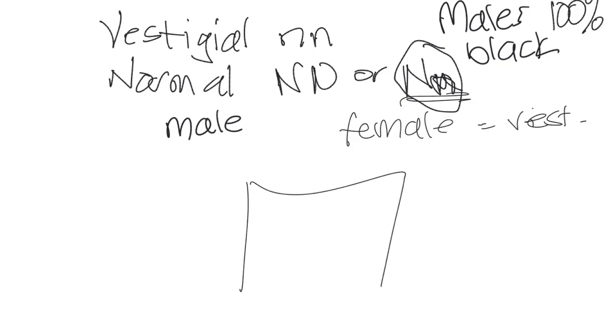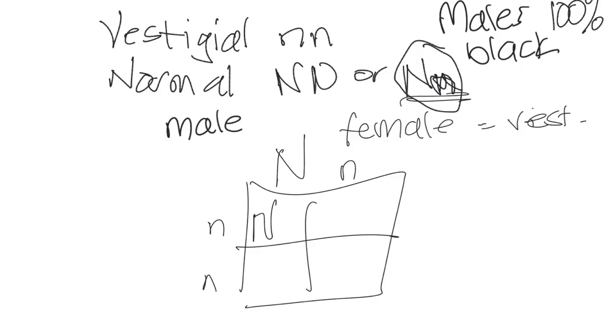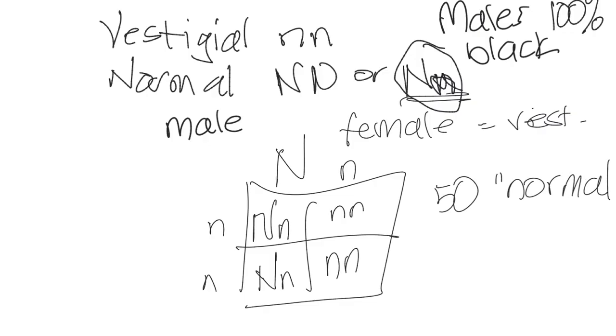When I do that cross, it doesn't matter about the gender. I'm basically just going to cross big N, little n with little n, little n. So I get 50% normal wings with this cross, and I get 50% vestigial.